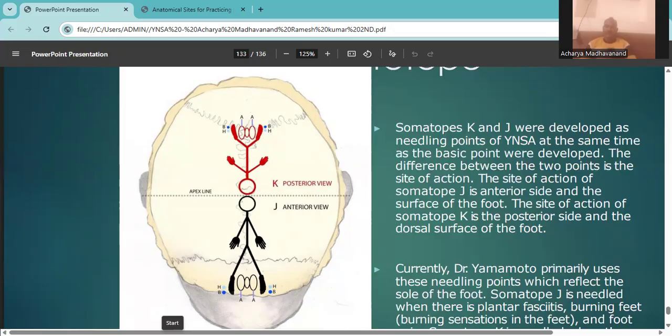Then you see front side J is responsible for front body problems and K is responsible for posterior.